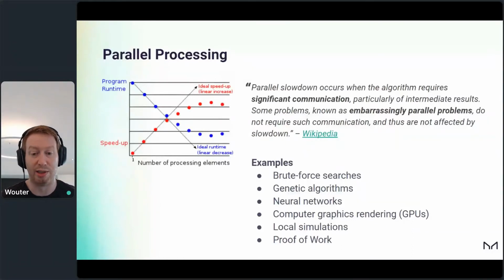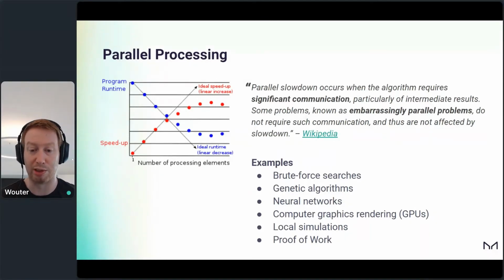And then you have things like local simulations. Those are, for example, weather phenomena. Maybe some of you are familiar with what is called the game of life, which is like a raster where every cell receives a new value based on the cells that are adjacent to it.